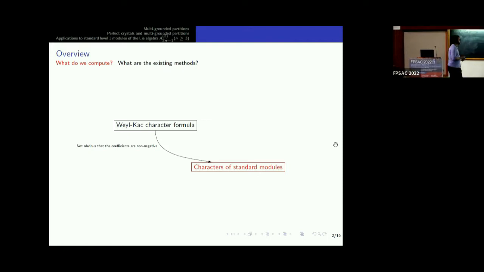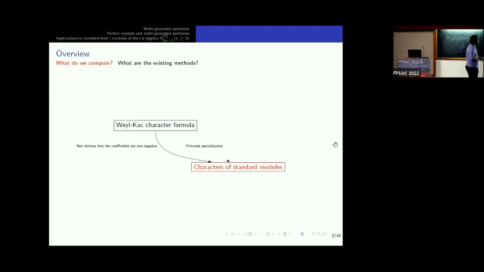In this formula, we do not have an obvious fact that the coefficients are all non-negative, but there's a way to retrieve this fact: the principal specialization. It is a transformation where a lot of variables are transformed into one single variable. We lose a lot of information by doing this, but we obtain a product, which is really nice.